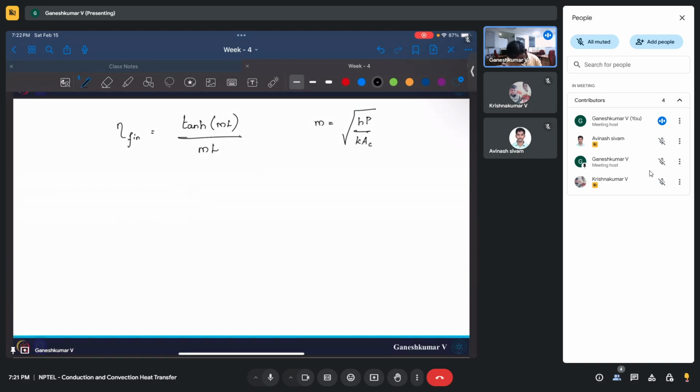If I want to draw it in 3D, it's going to be like this. So this is the fin and this is the surface.